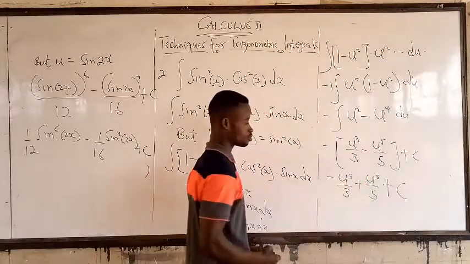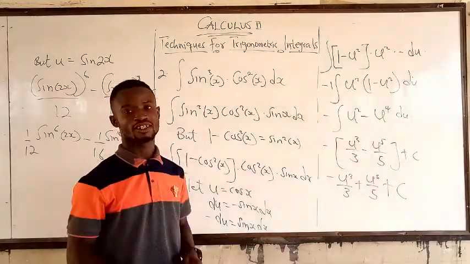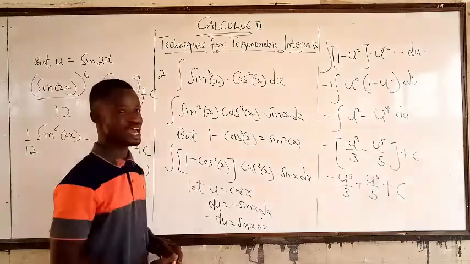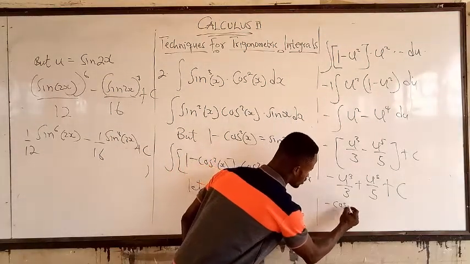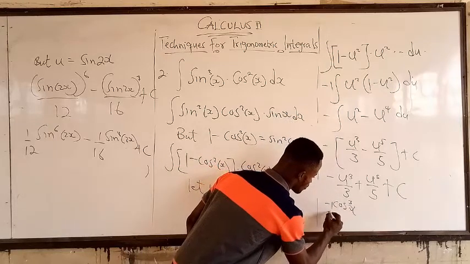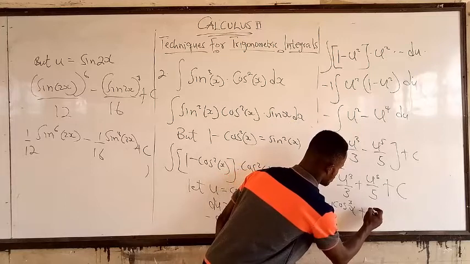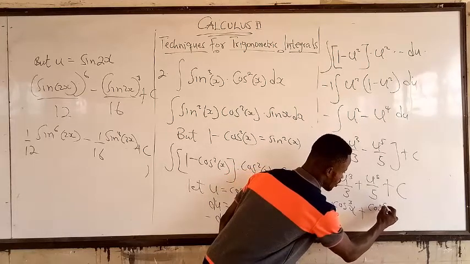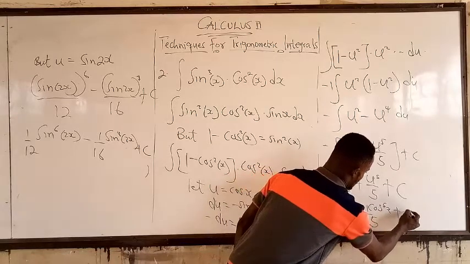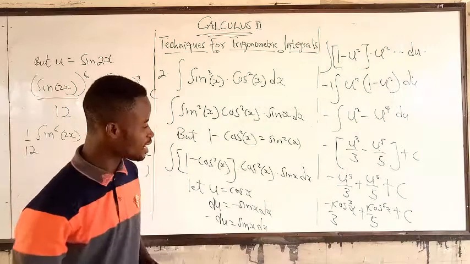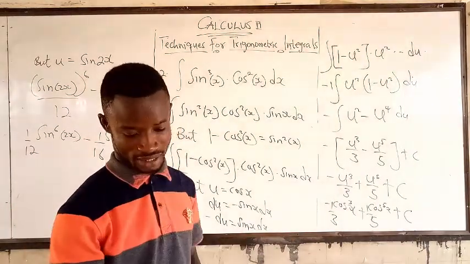Plus c. Very good. So having this, you know that u is equal to cos x. So by substitution, we get negative cos x cubed over 3 plus cos to the power 5 over 5 plus c. So finally, that becomes our final answer for such question.